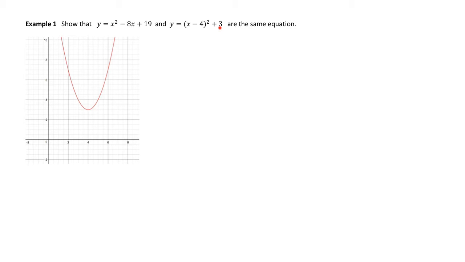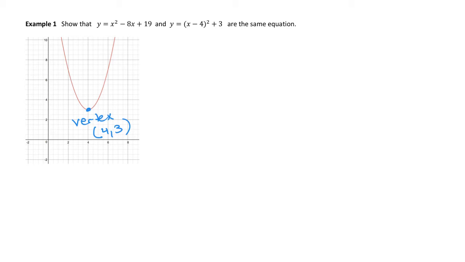In terms of the vertex of x squared, if you start at 0, 0, and you go right 4 and up 3, it tells you that that's the location of the vertex. So that was the point 4, 3. So if you have a quadratic and it looks like this, it's much easier to understand what the graph looks like, as opposed to this. It's just written in a way that's not easy to graph.